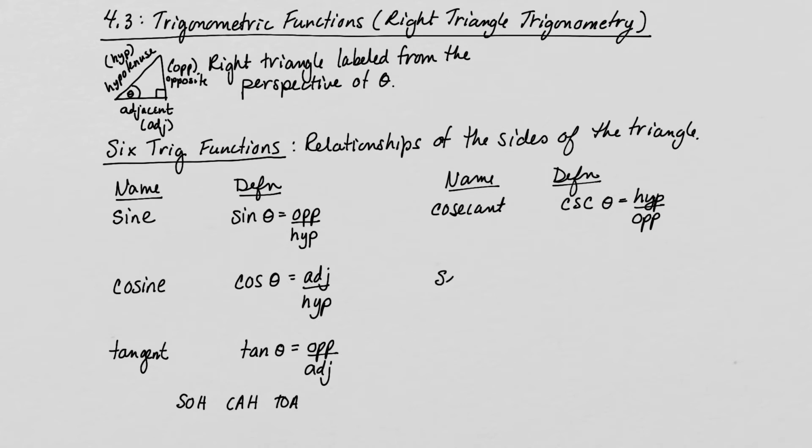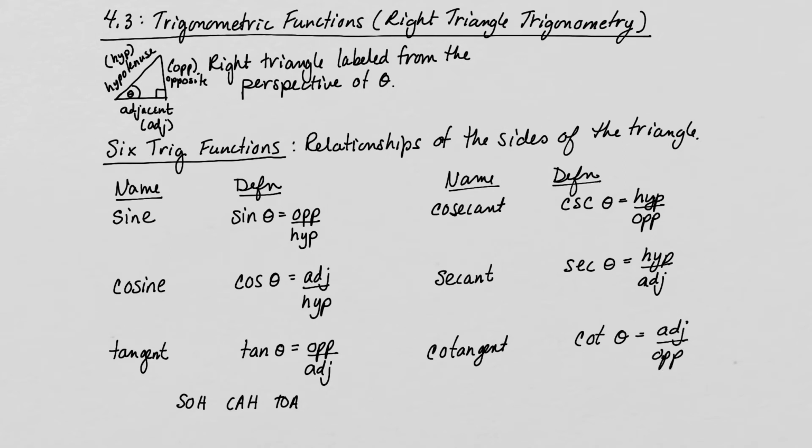We have the secant of theta, SEC of theta, equal to the hypotenuse over the adjacent. And then we have the cotangent, COT theta, and that is the adjacent over the opposite.